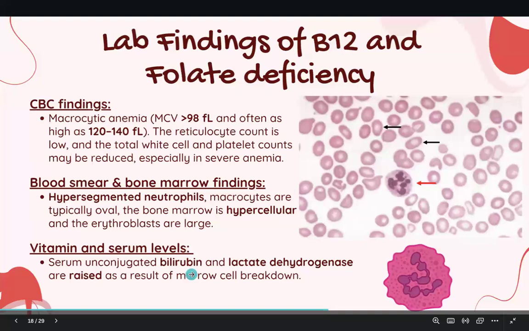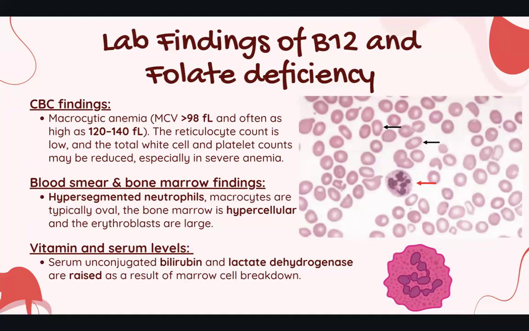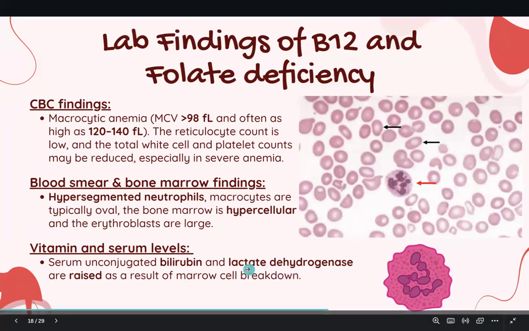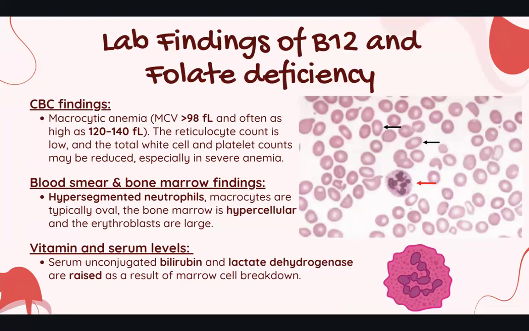So in the vitamin and serum levels, you would see that bilirubin is increased because when the RBCs rupture, this bilirubin is going to get released into the bloodstream, okay? You would also have lactate dehydrogenase, which is basically an enzyme that is located in the cytoplasm of all cells, including red blood cells.